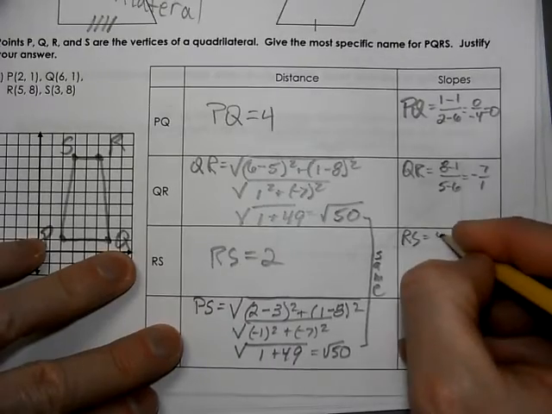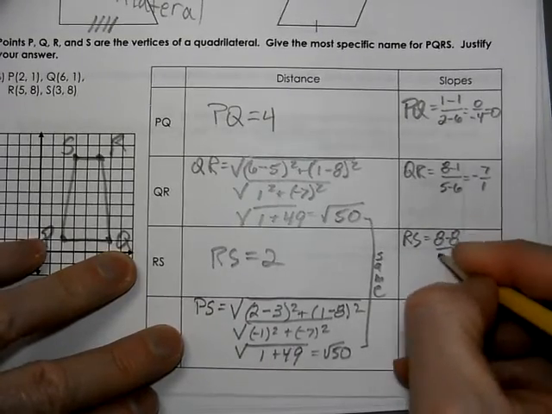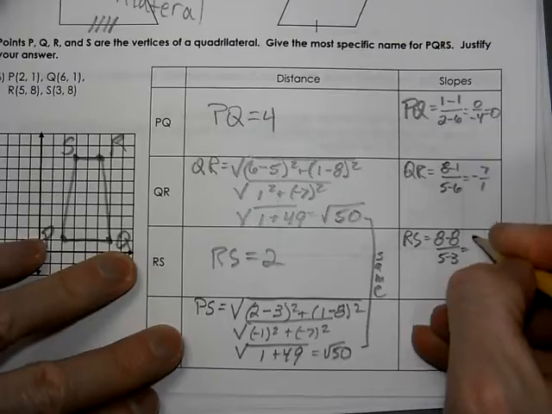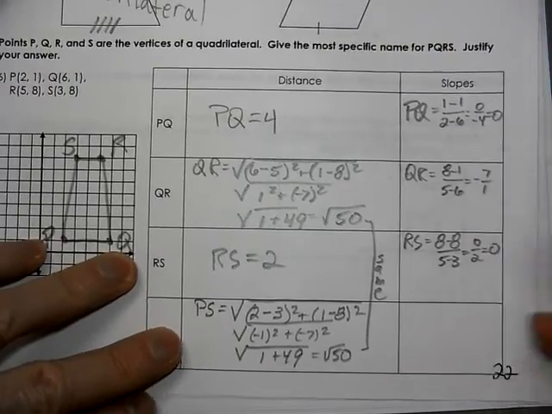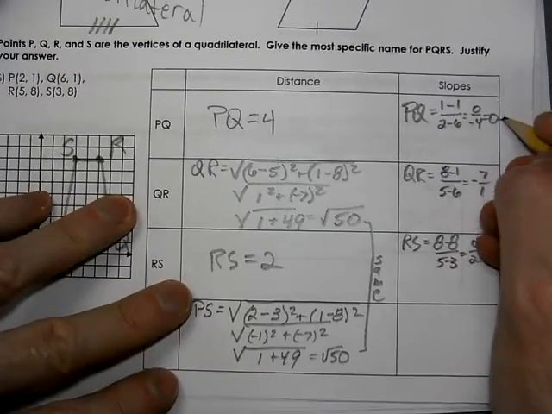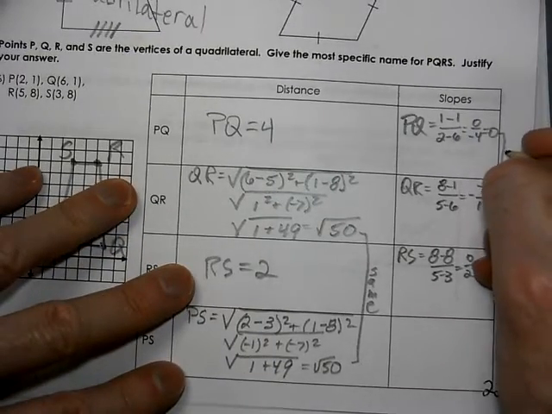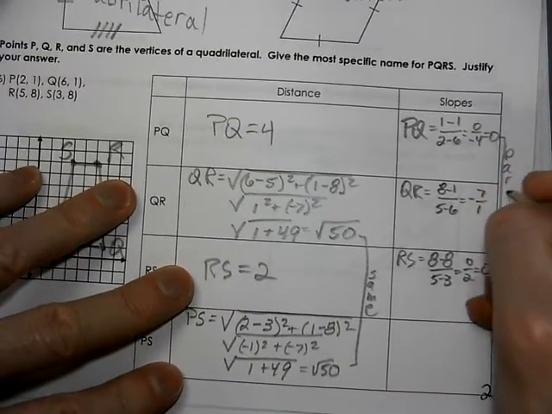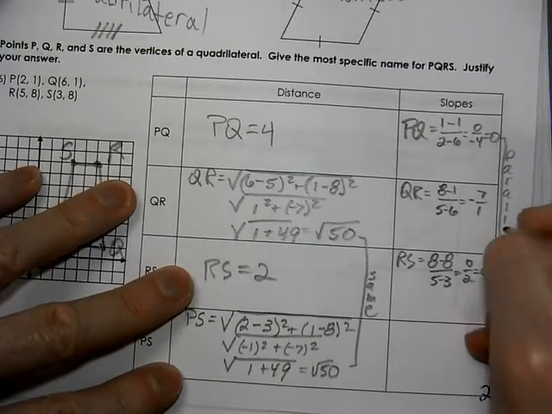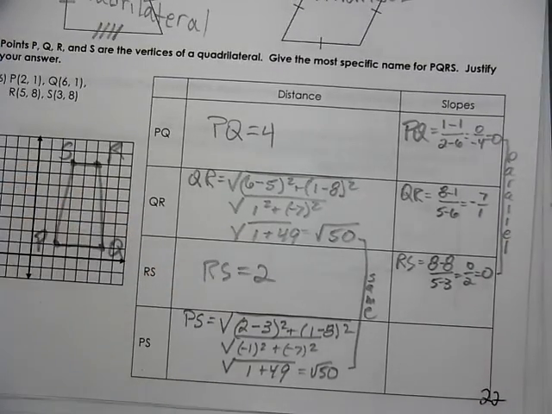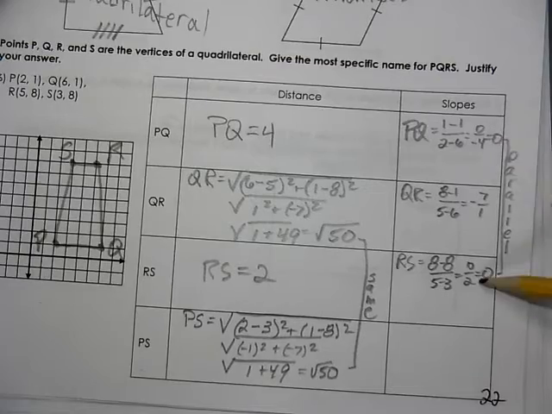RS, 8 minus 8, 5 minus 3, 0 over 2, that's 0. So here we have the same slope, so we know that the same slope is going to make them parallel.